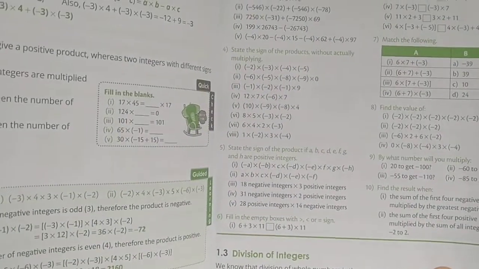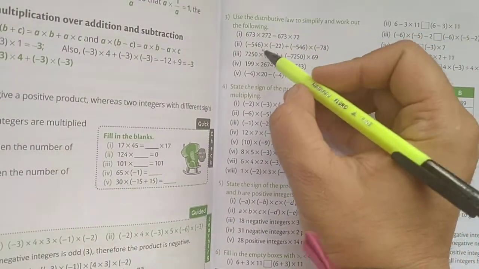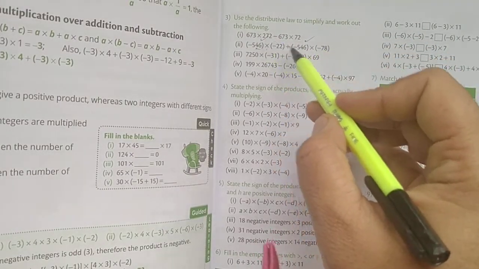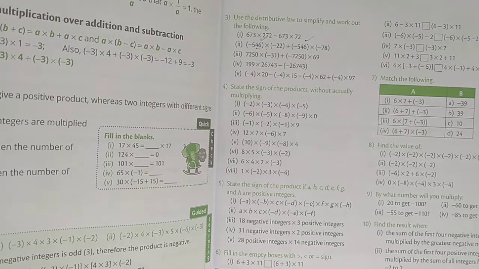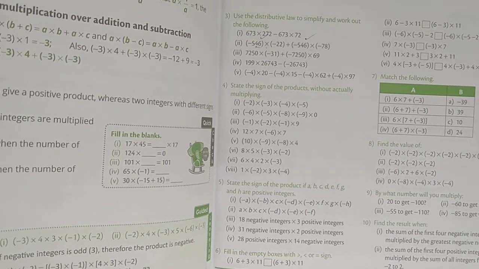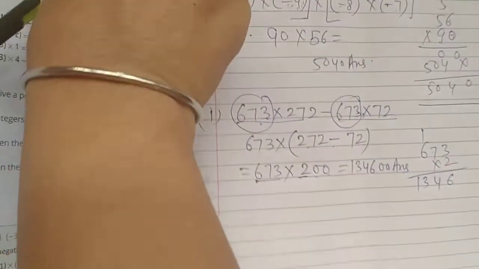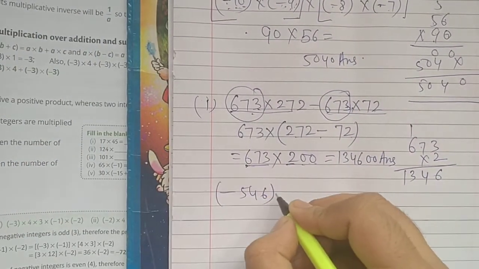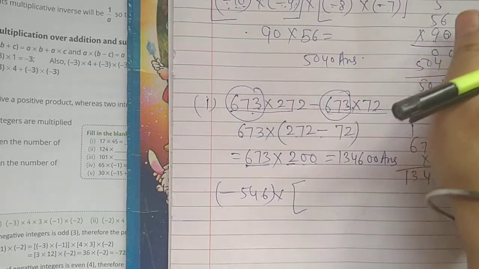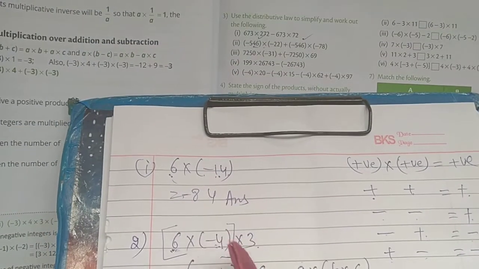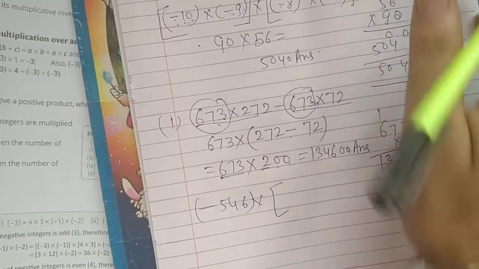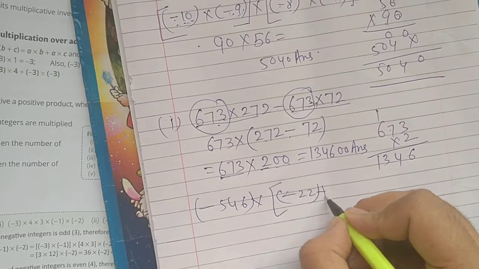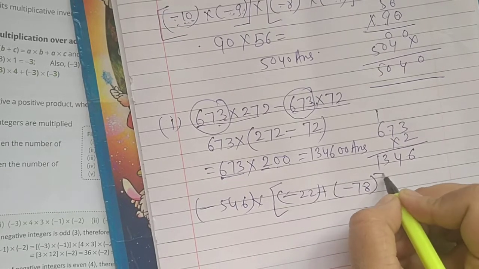So in the second part here, minus 546 is common. So minus 546 is common. You can write minus 546 multiplied by what is left in the bracket: minus 22 plus minus 78.